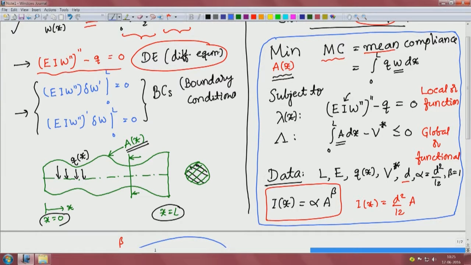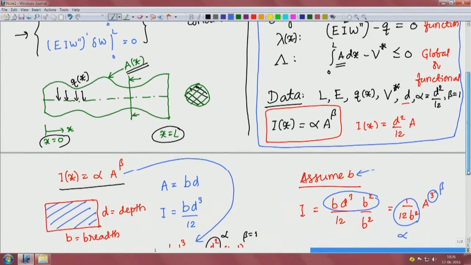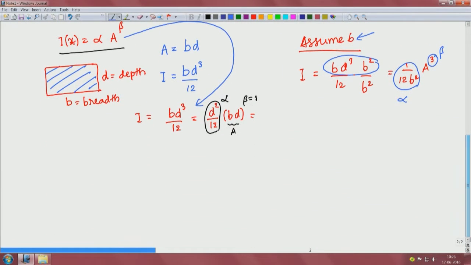Again, I want to remind you that we had done this for bars, now we are doing it for beams. Now, the first step that we do when we solve an optimization problem is to write the Lagrangian. So, the Lagrangian here has the mean compliance, which is the objective function, integral 0 to L q w dx, and then we have two constraints.